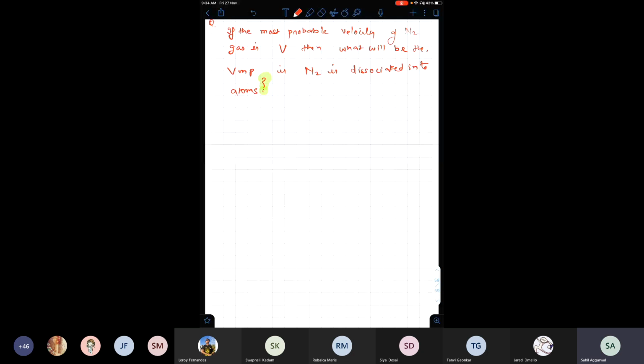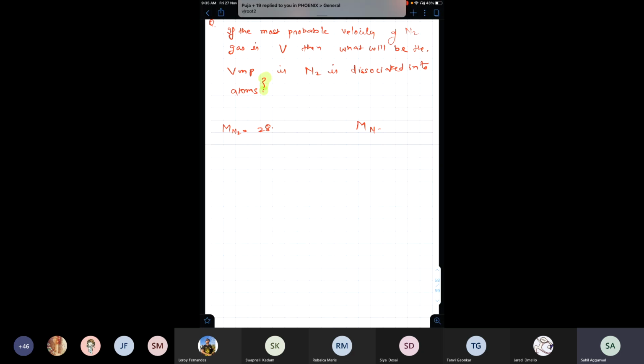V root Na. Na कहाँ से आ गया यार? Mass of N2 is 28. V by root 2. Very good, Pooja.